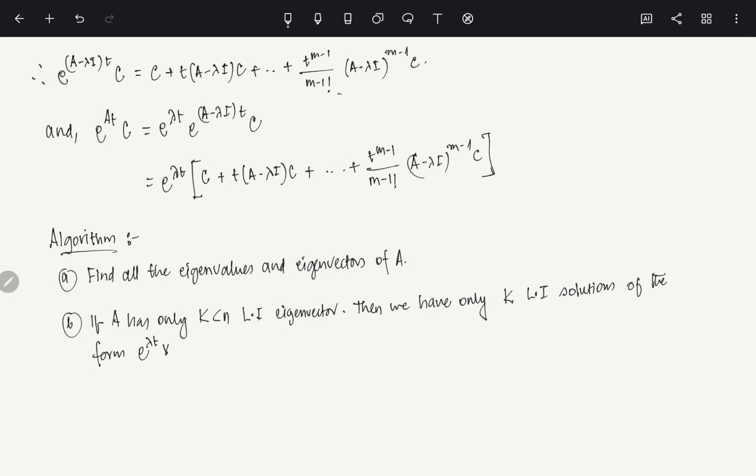Now how do you find the additional solutions?